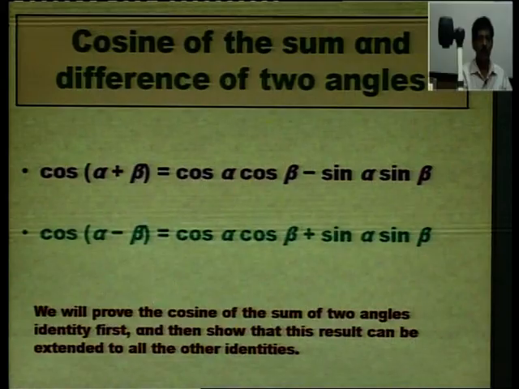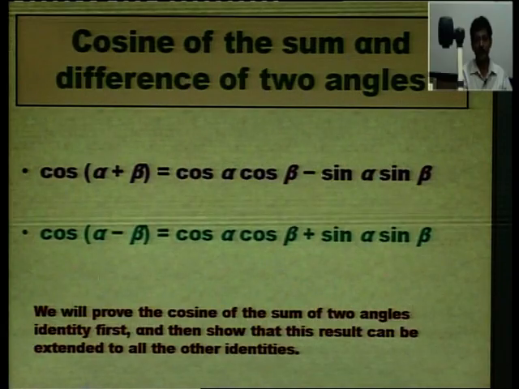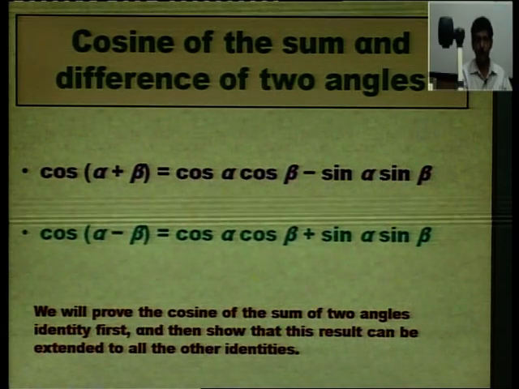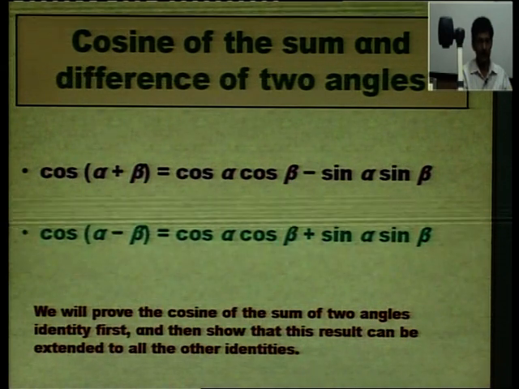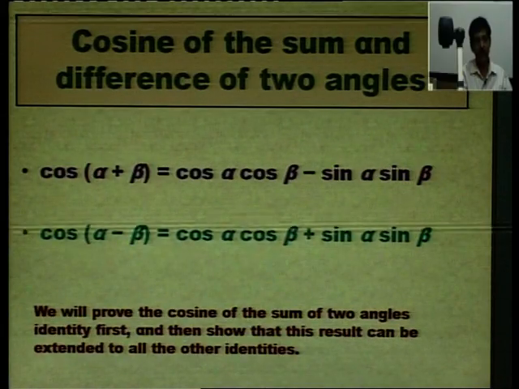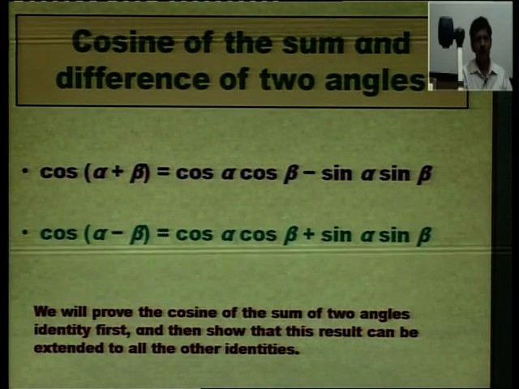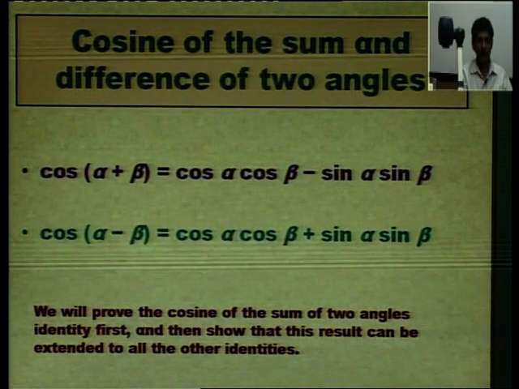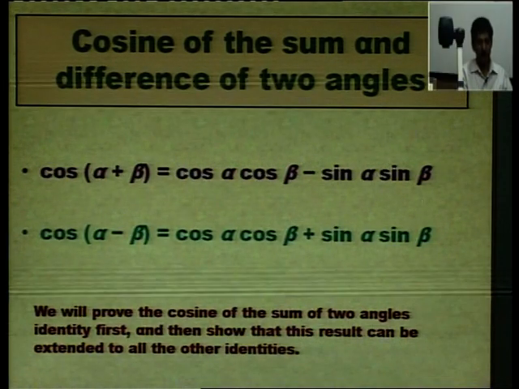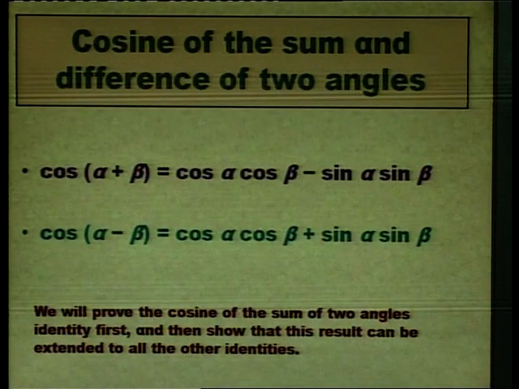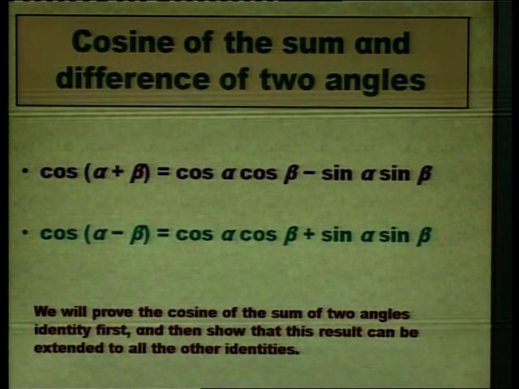So, first of all we will discuss the cosine of the sum and difference of 2 angles. As I gave you in the beginning as a remark, there was a separate lecture for finding out the formula for the differences, but at the same time while deriving the formula for cos alpha plus beta or sin alpha plus beta or tan alpha plus beta, I am giving you the corresponding formula for cos of alpha minus beta.